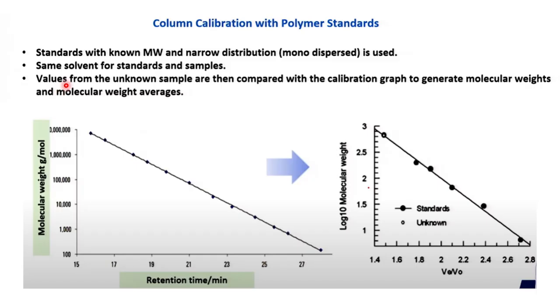So first you run the standard sample and you get the data of molecular weight versus retention time. After that you convert according to the experiment of the unknown sample data. The values from the unknown sample are then compared with the calibrated graph that you already got by running the known polymer sample, to get the molecular weight of the unknown sample.